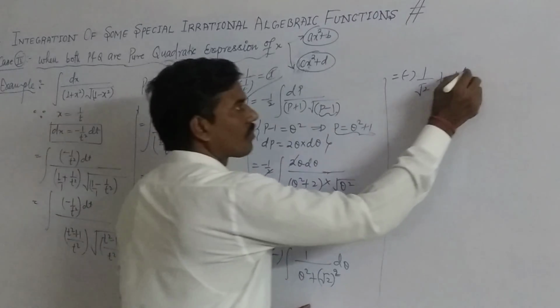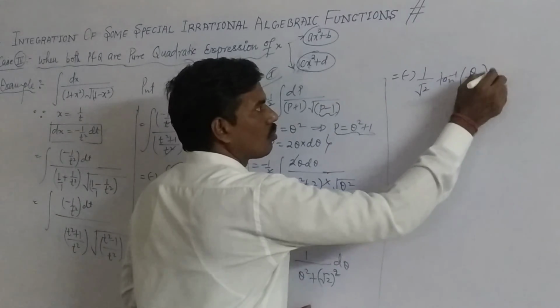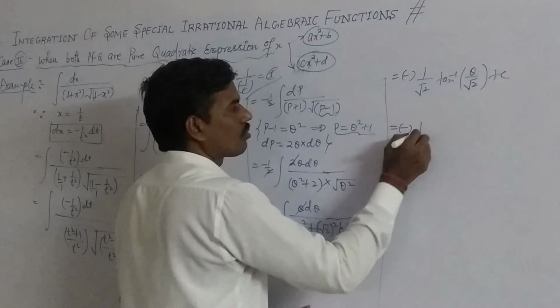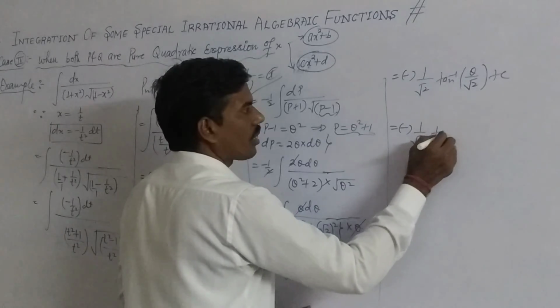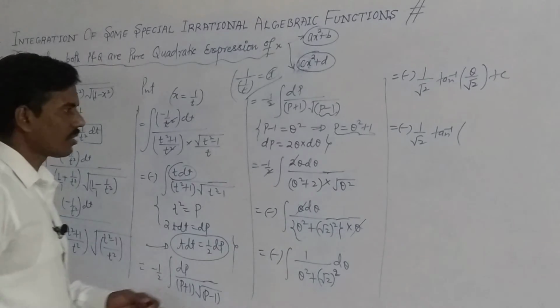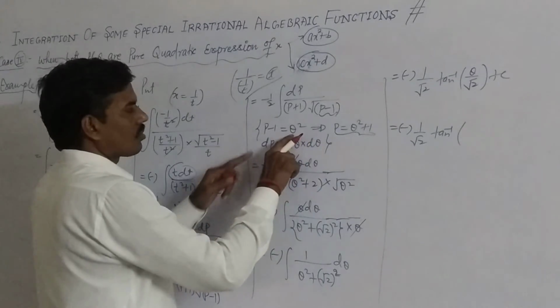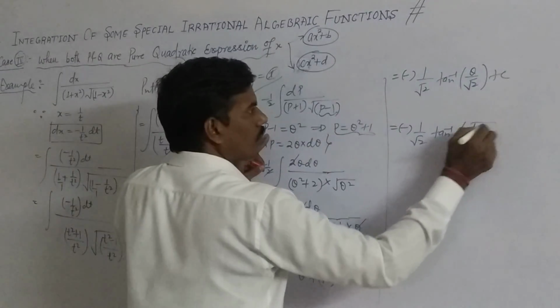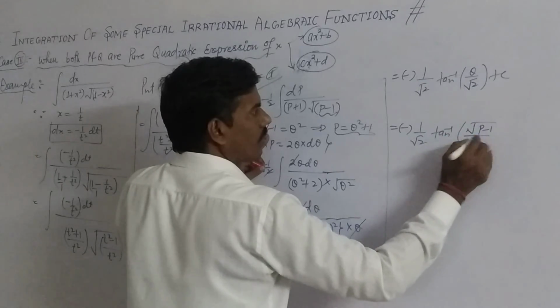Here a means root 2, x means theta. Theta upon a means root 2, plus c. This one is equal to minus 1 upon root 2 tan inverse of theta. What is theta? Theta is equal to under root of p minus 1 upon root 2, plus c.